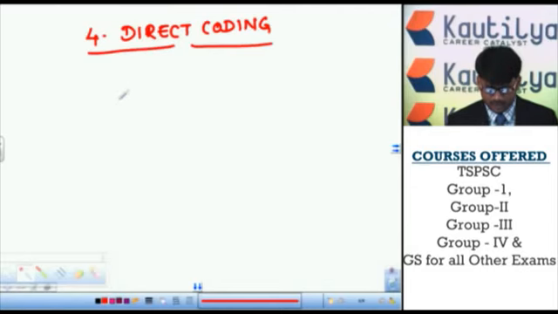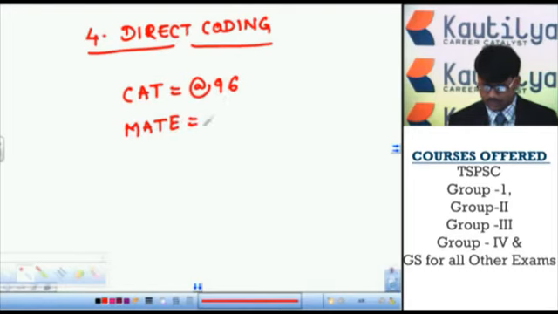For example, cat is coded as @ 9 6. In the same manner, mate is coded as copyright 9, 6 and dollar symbol.